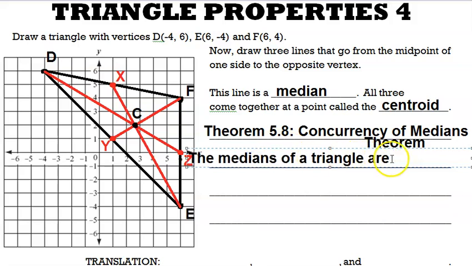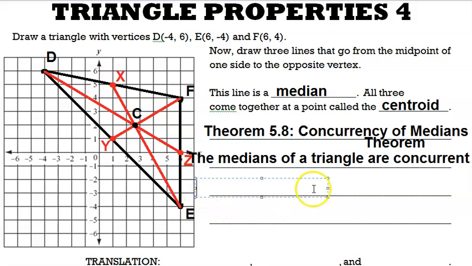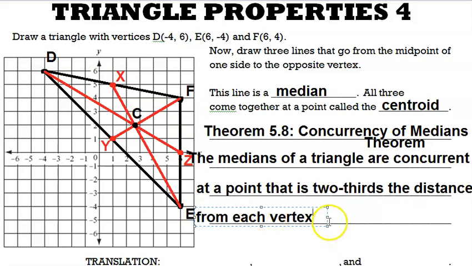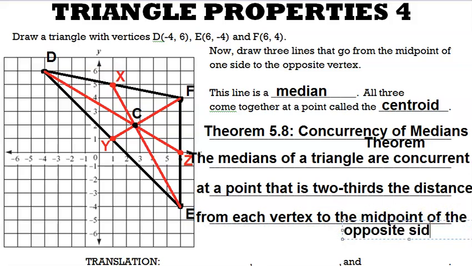It says the medians of a triangle are concurrent at a point that is 2/3 the distance from each vertex to the midpoint of the opposite side. If that's a lot of writing and you need to stop the video for a second, go ahead, but I'm going to move on and talk about what that means. So let's look at that example right here.